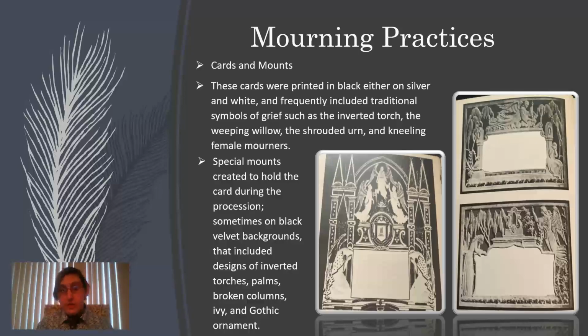The cards can be seen in the right picture, with an example of two of them. The left picture is an example of the special mourning mounts that were created to hold the mourning cards during the funeral procession. Sometimes they'd be on black velvet backgrounds, which included designs of inverted torches, palms, broken columns, ivy, and Gothic ornament.